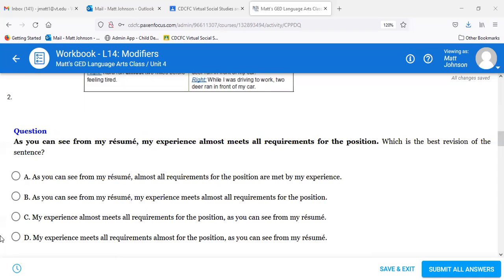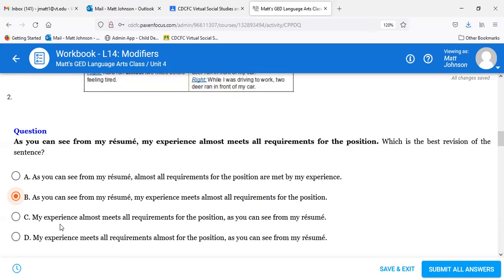Option C, my experience almost meets all requirements for the position, as you can see from my resume. And D, my experience meets all requirements almost for the position, as you can see from my resume. The correct answer is B. As you can see from my resume, my experience meets almost all requirements for the position.